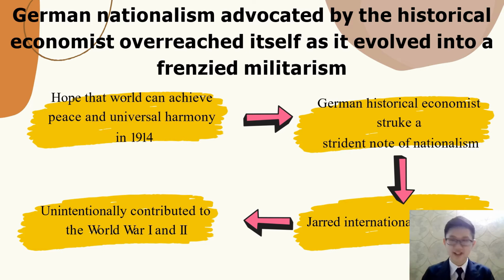But at that time, German historical economists struck a strident note of nationalism. This strident note jarred the internationalist sentiment of hoping that the world could achieve peace and harmony. Perhaps the idea of German nationalism unintentionally contributed to World War I and also World War II.